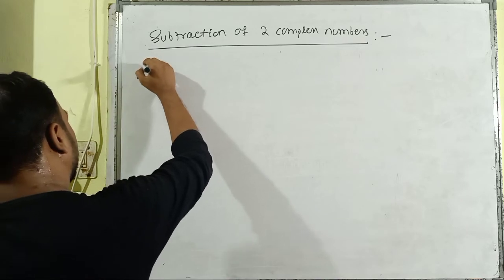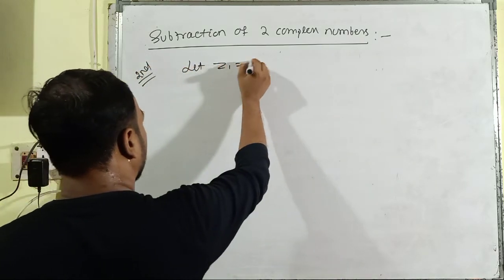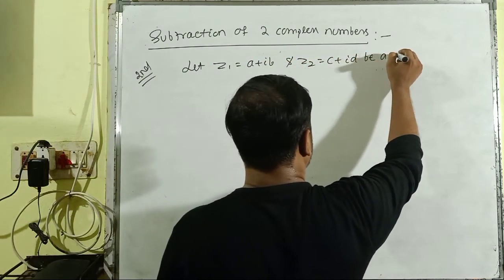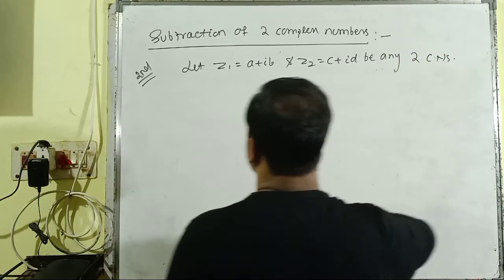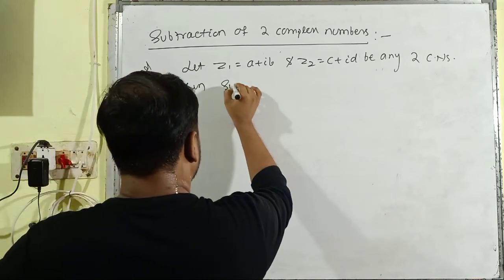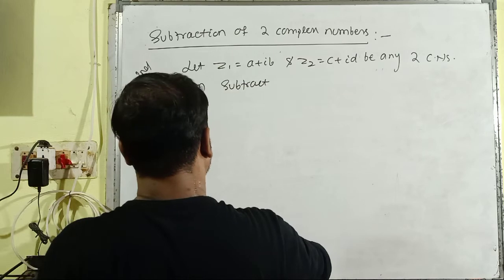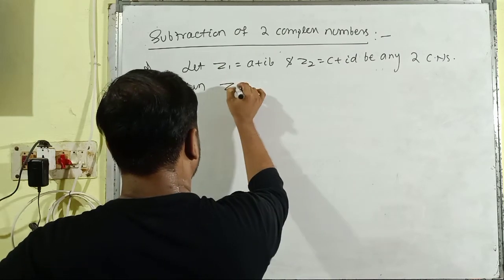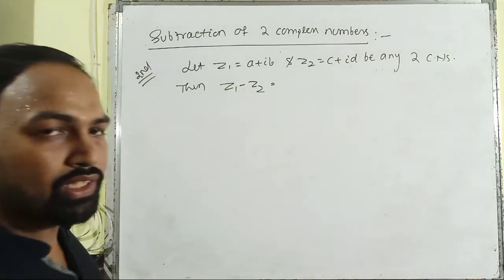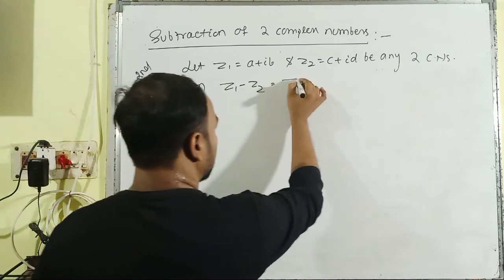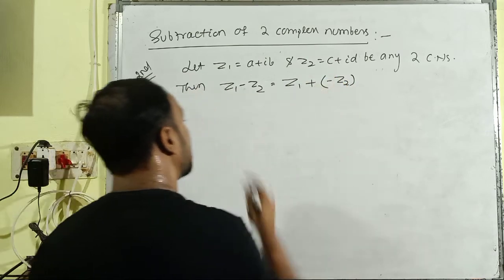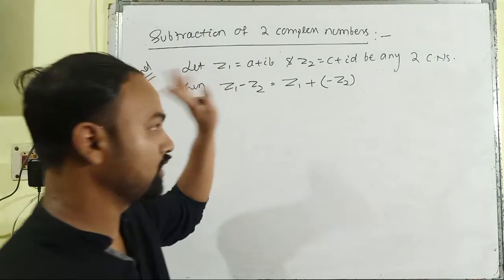Here it is the second method. Let Z1 is equal to a plus ib and Z2 is equal to c plus id be any two complex numbers. Then Z1 minus Z2 can be represented in another way, and that is Z1 plus minus Z2, because plus into minus, it is minus.